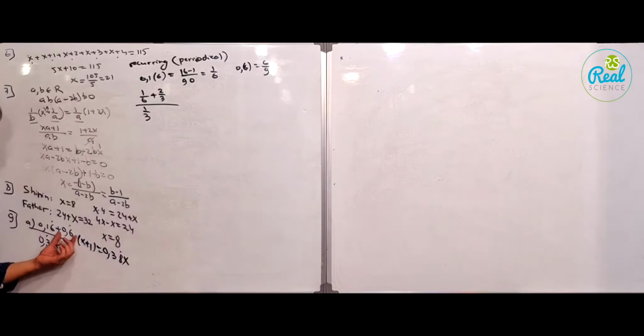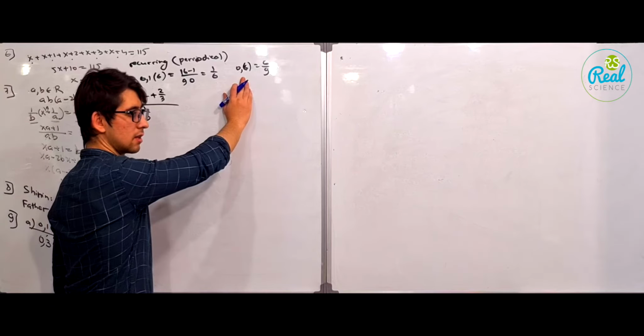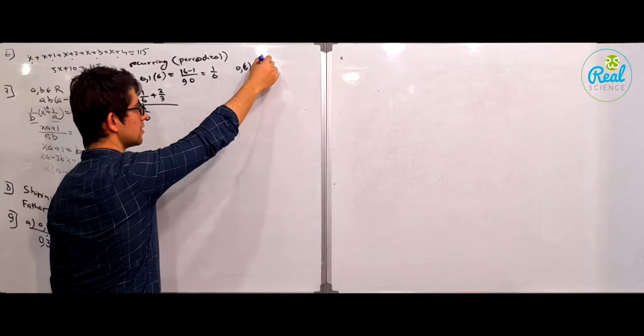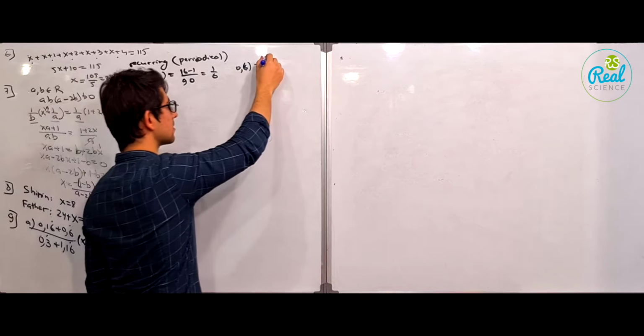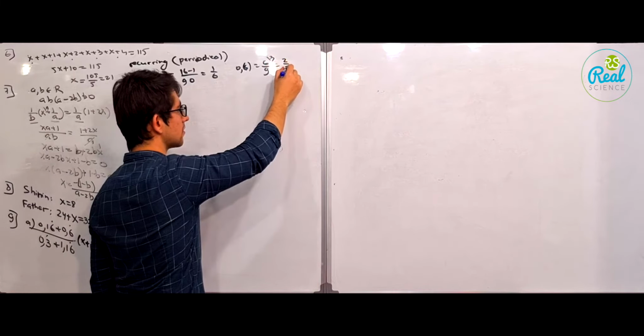This is 0.6 recurring, right? You can change it to 6 over 9. So you get cancellation, that's 2 over 3, right?